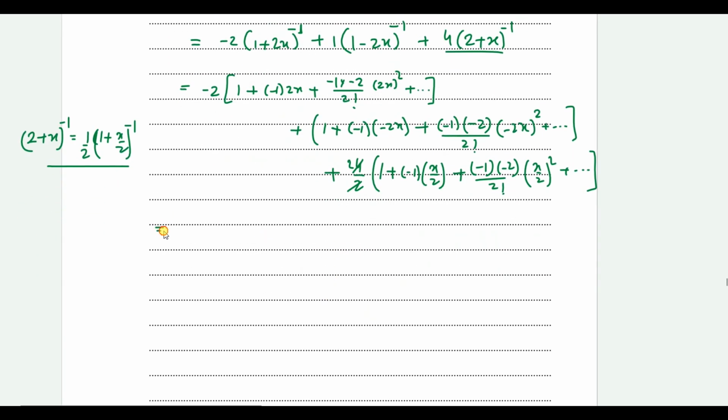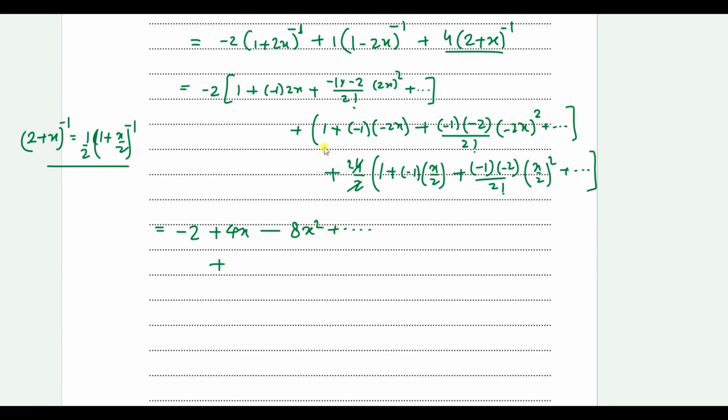So it is going to be minus 2, I am multiplying here, so it is minus 2 minus minus plus 4x, plus 4, this 2 will be cancelled, so it is minus 4, 2s are 8, 8x square from here and so on.